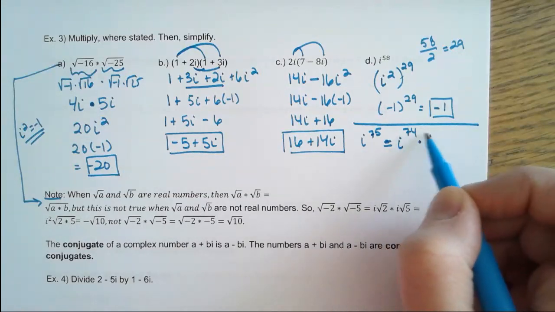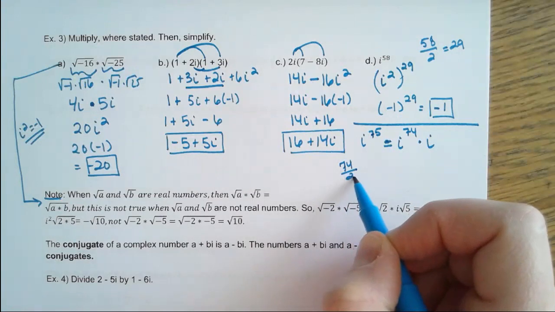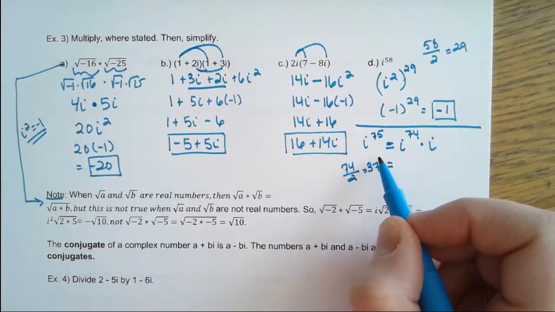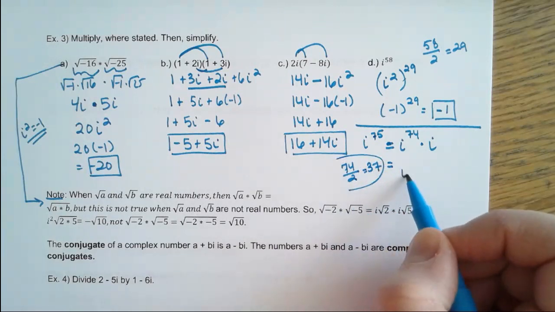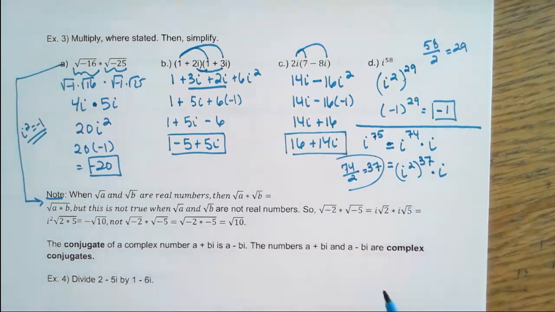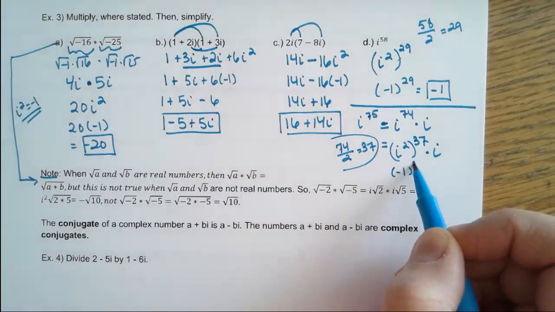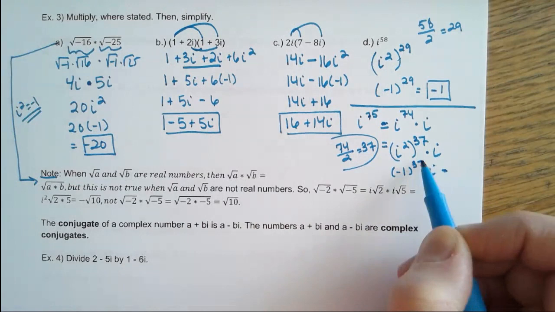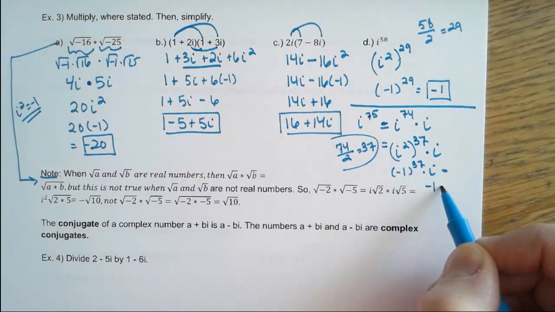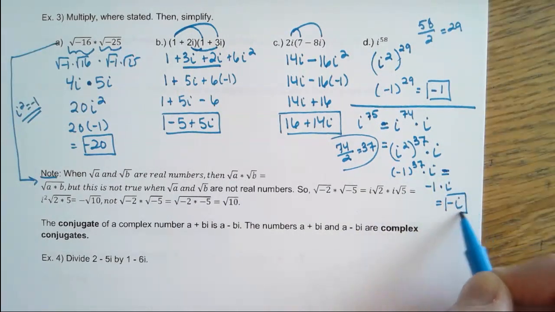I still have 75 i's here, but now I can divide this 74 by 2, and I can get 37. So I can rewrite this as i squared to the 37 times i. i squared is -1. And again, 37 of them are going to be negative still. So you have -1 times i, which is just -i here.